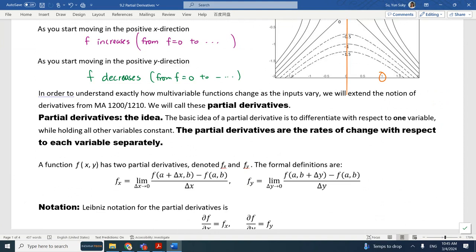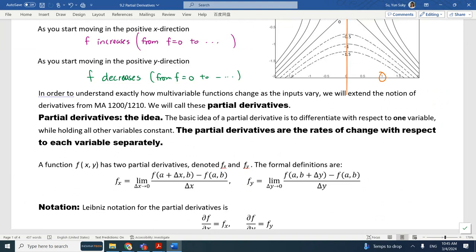It's the limit of the slope. Slope is change of y over change of x. In this case, it's the limit of the slope, but now it's the change of z, the new point minus the old point, over the change in x. Can you imagine, everybody?